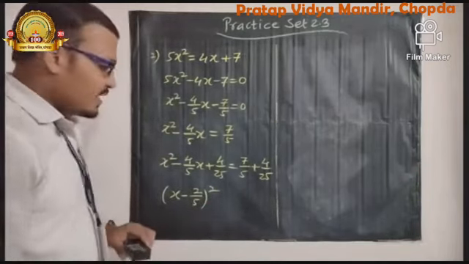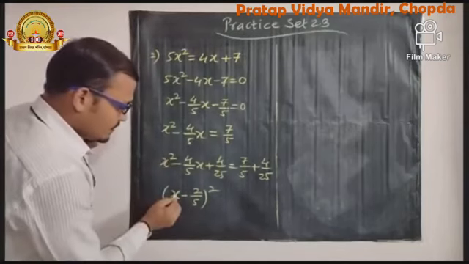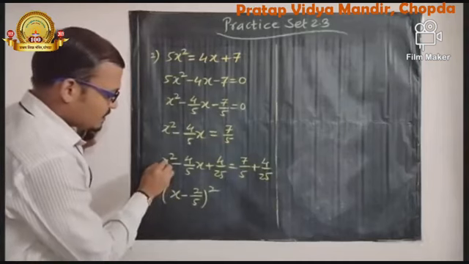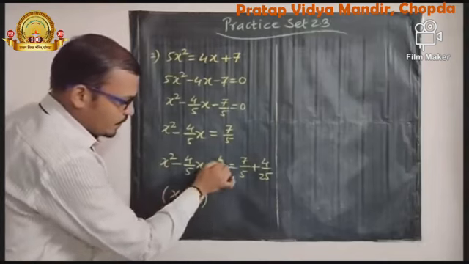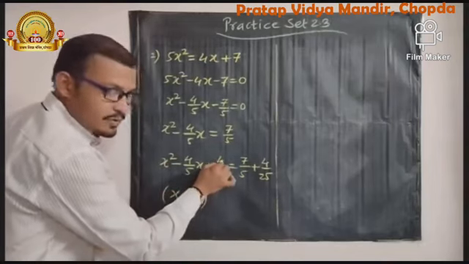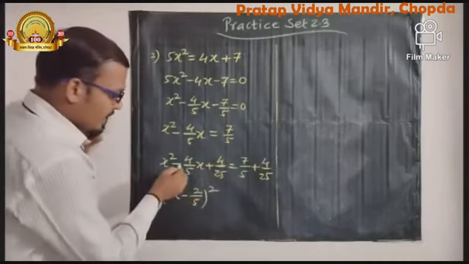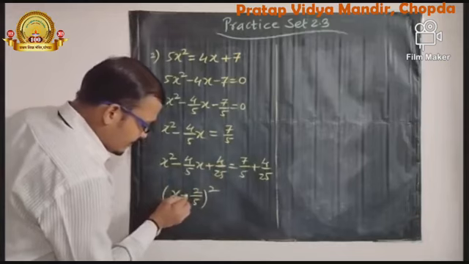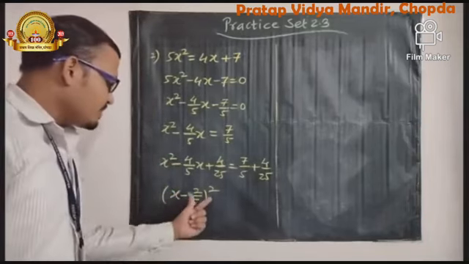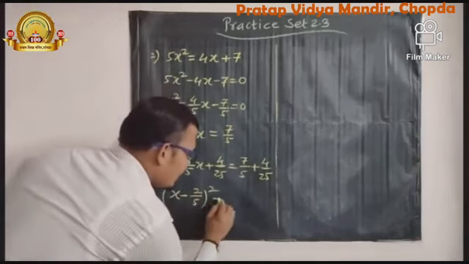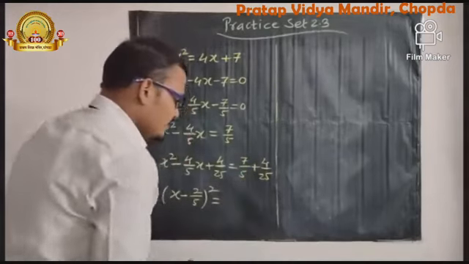I have already told you that write first the square root of the first term. Here the first term is x², so the square root of x² is x, and here square root of 4/25 is 2/5, square root of 4 is 2, square root of 25 is 5, and write the sign of the middle term which is negative. So we get here (x - 2/5)², and here we have to make their denominators same.